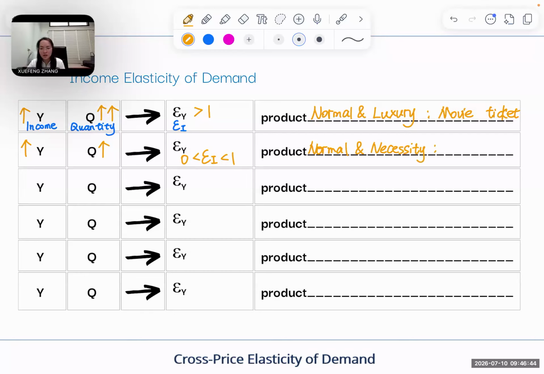Example here: bread, clothing, bubble tea. Okay, I just write down bread. Next one, suppose income increases, but the quantity, here, this arrow means no change.